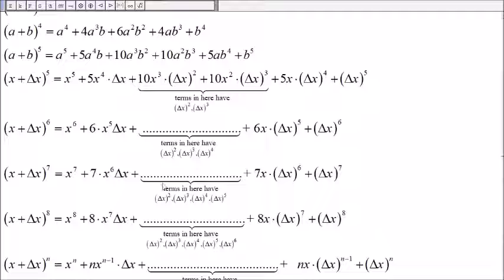The next term will have delta x to the second, the next term will have delta x to the third, the next will have delta x to the fourth, and the next will have delta x to the fifth. So this is delta x to the first, and then next you get delta x to the second, the third, the fourth, the fifth, and then we get to the term that's next to the last, which is delta x to the 6, and then delta x to the 7.